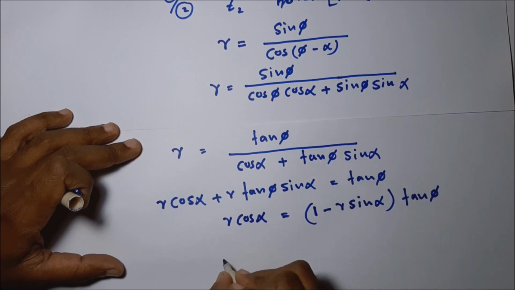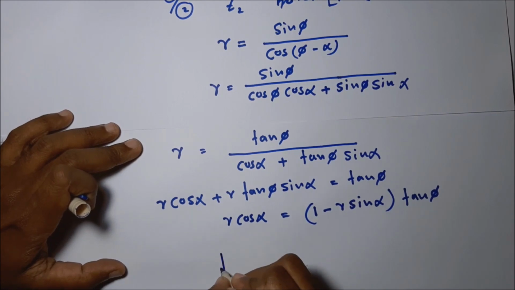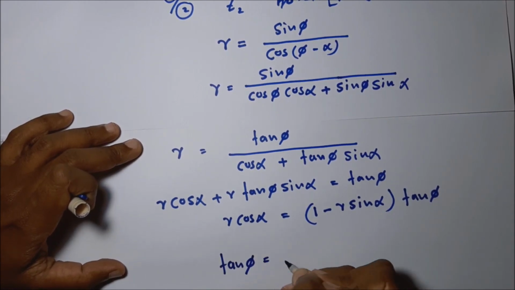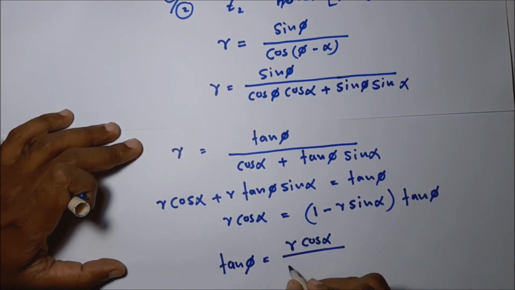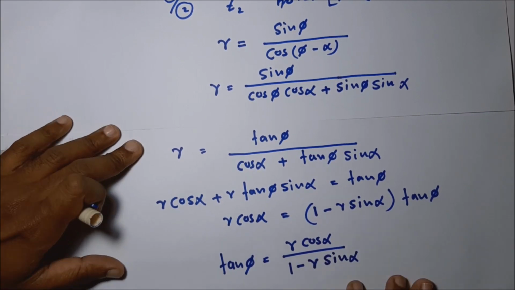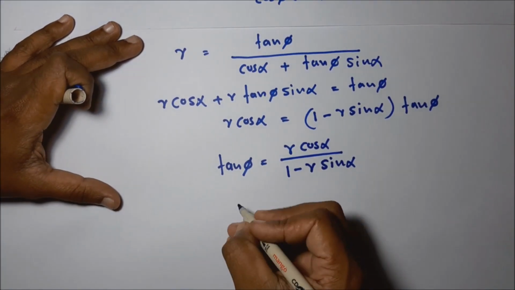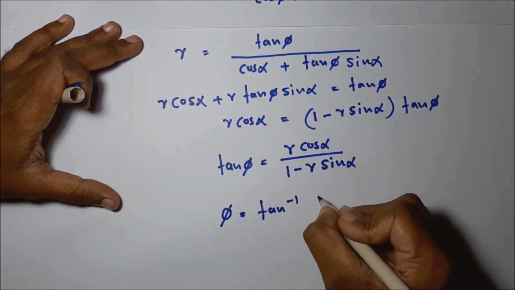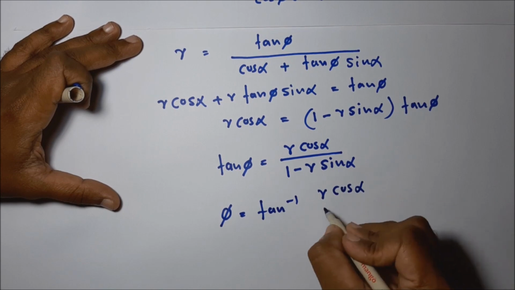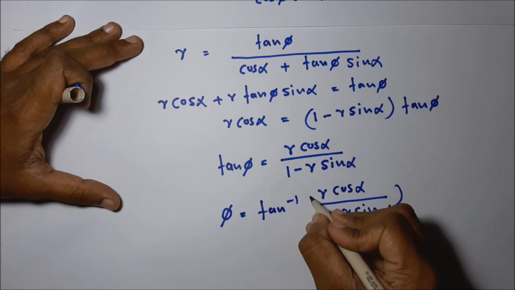By making tan phi the subject, tan phi is equal to r cos alpha divided by 1 minus r sin alpha. So making phi the subject, phi is tan inverse of r cos alpha divided by 1 minus r sin alpha.